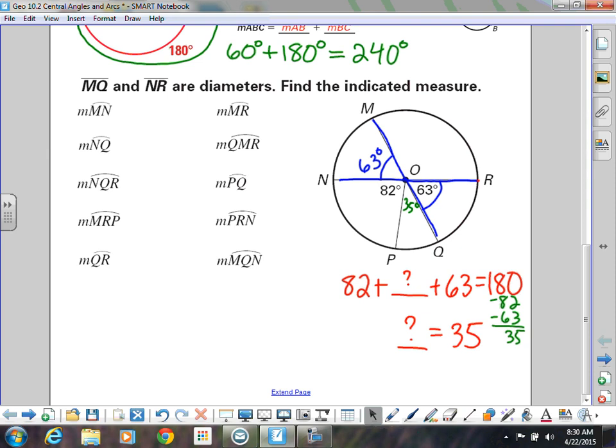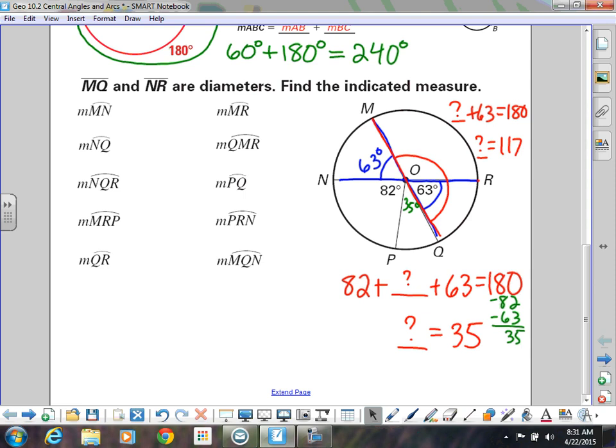The other thing we can use is that in either direction, we know that MQ is 180 degrees, so all of that is 180 degrees. So I know something plus 63 equals 180. I'm going to subtract the 63, and that gives me 117.